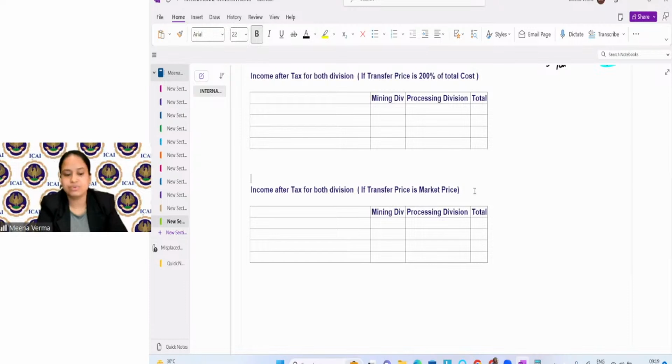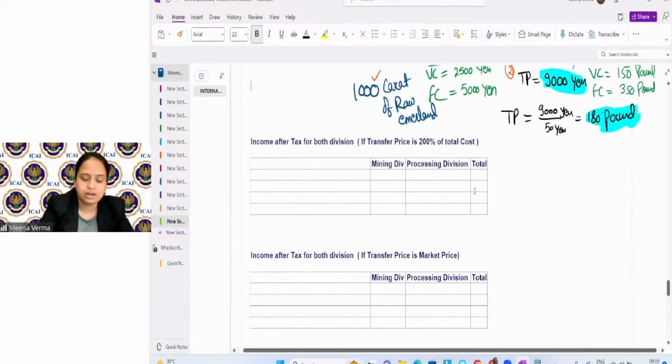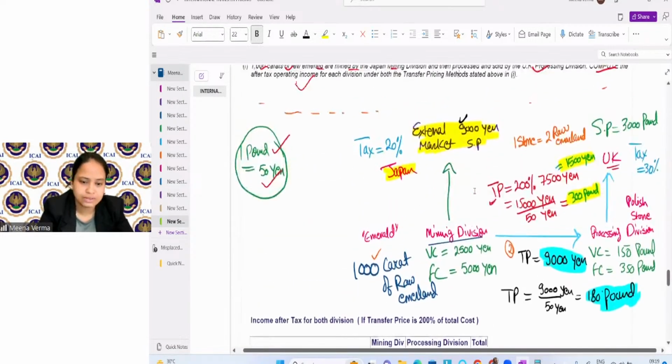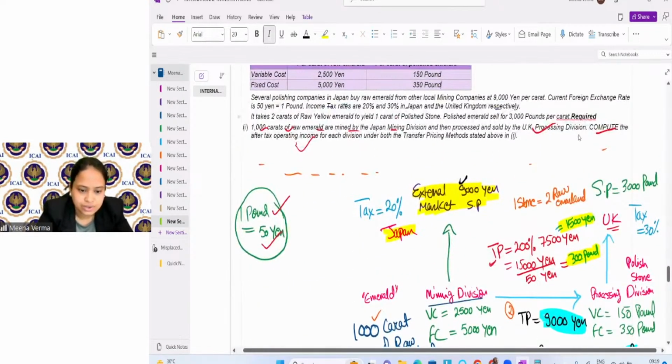In the first case, when the transfer price is 200% of the total cost, and in the second case, if the transfer price is the market price. We have two scenarios, right? We will create it for both scenarios. We can find the profitability net of tax in both the scenarios, right? Okay, let's do this.